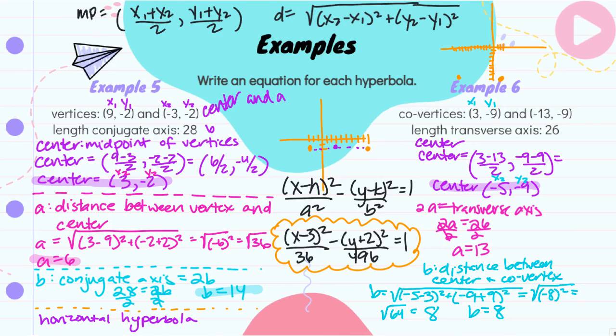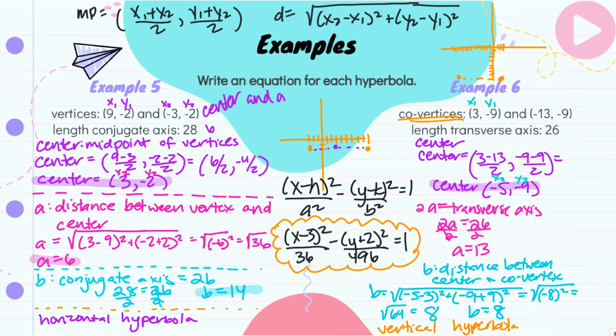Now keep in mind that these are the covertices. So the vertices are going to be perpendicular to these covertices, which means that they are going to be, instead of horizontal, vertical. So that would make this a vertical hyperbola. Since the covertices are horizontal, the vertices must be vertical.